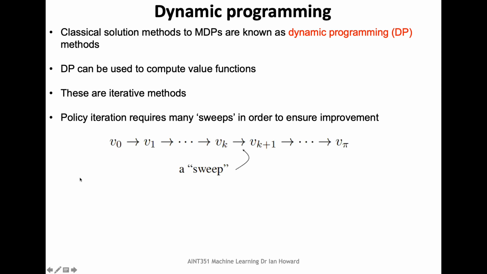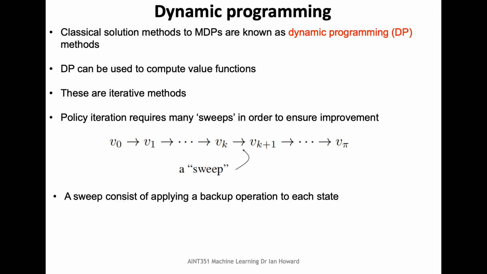We'd start off with a poor estimate of the value. We'd run a sweep, and a sweep, and a sweep, and slowly but hopefully surely we end up with a good estimate of what the actual value is. Like I said, that's just by applying this formula again and again.